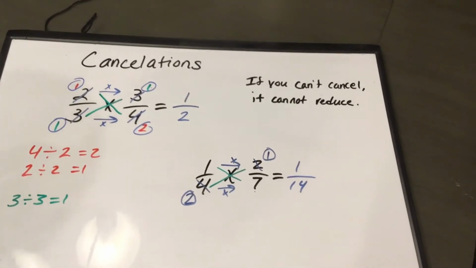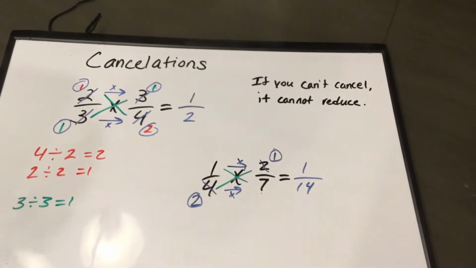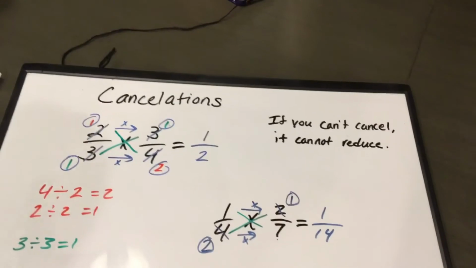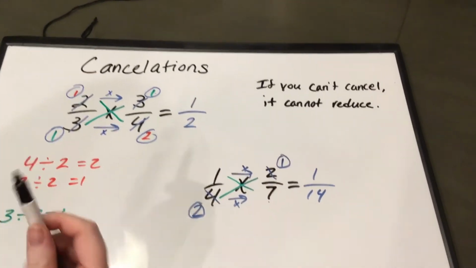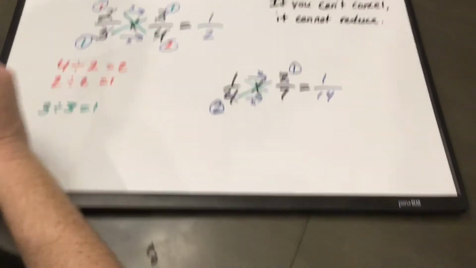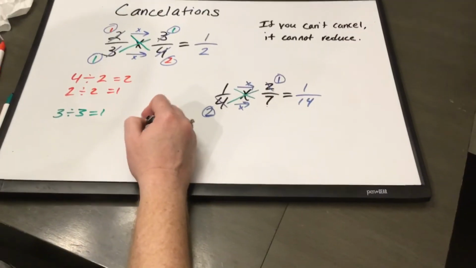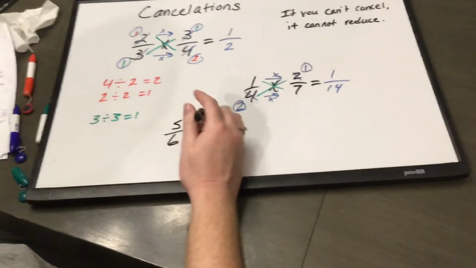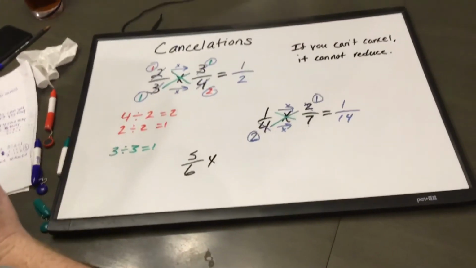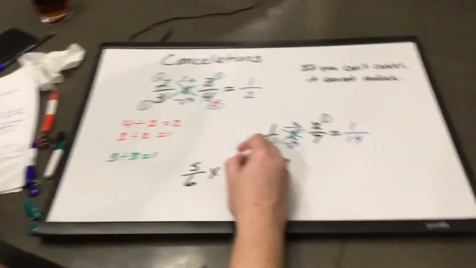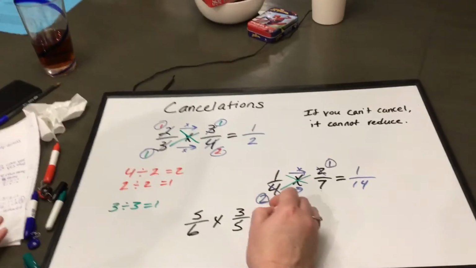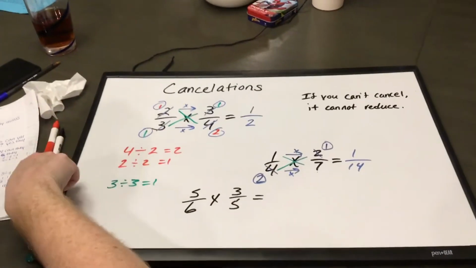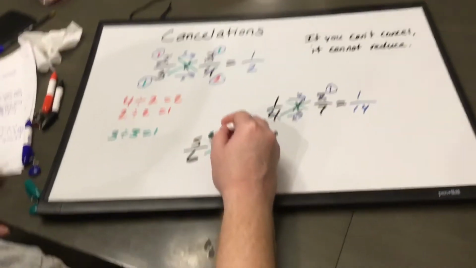Okay, let's do one more to make sure we got the hang of this. Okay, let's do 5/6 times 3/5. Okay, diagonal.